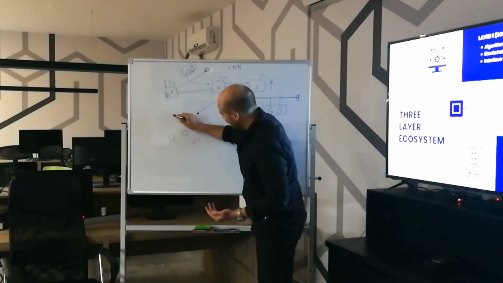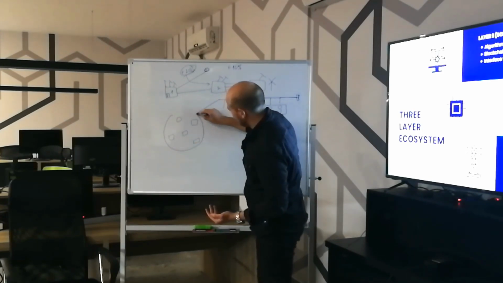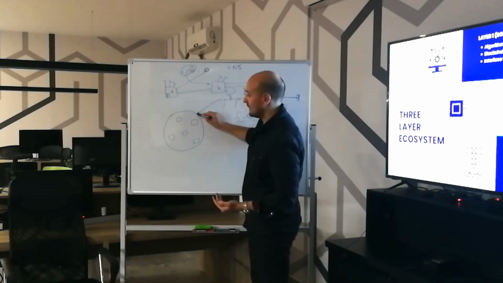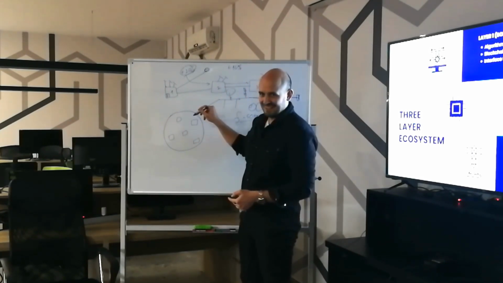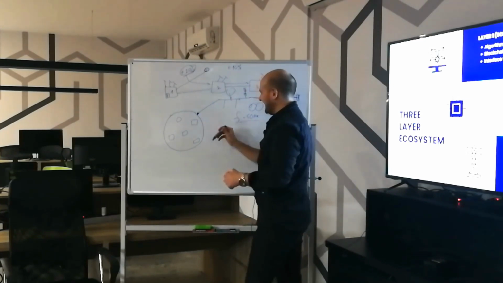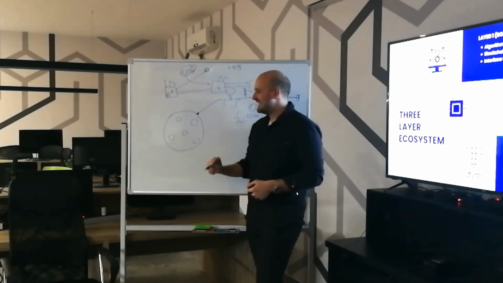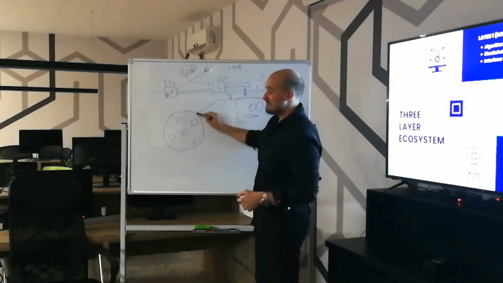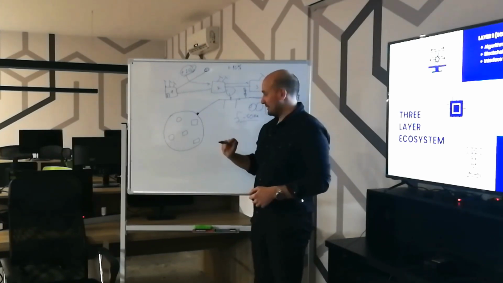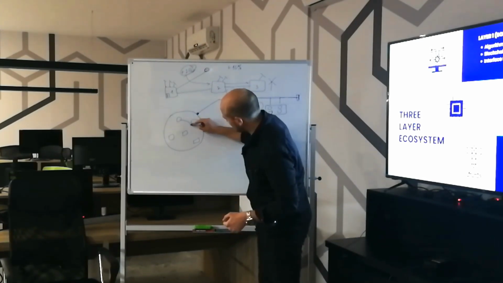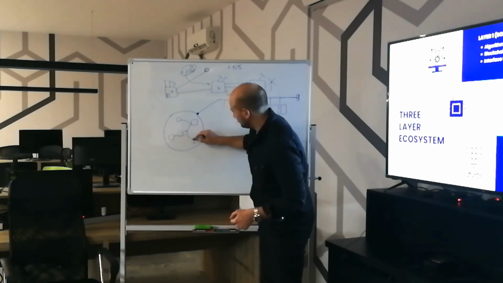So microgrids are divided totally from the main grid and connected only at a single point, but they're interconnected in between, like this.